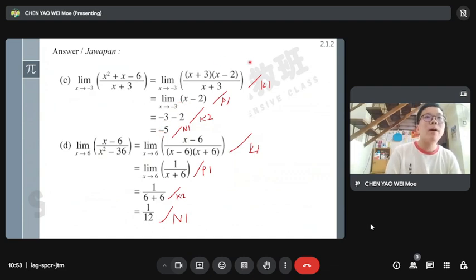Here you have 1 mark for the step, another mark for writing this, another mark for the substitution, and 1 mark for the answer. This is how limits work.